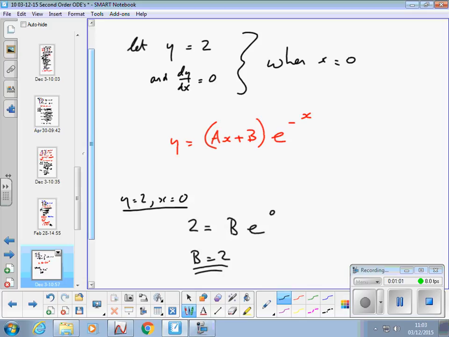So we're in a situation where we haven't got a simultaneous equation to worry about. We've worked out what b is. Now we need to find a, so we're going to use our second condition for that.